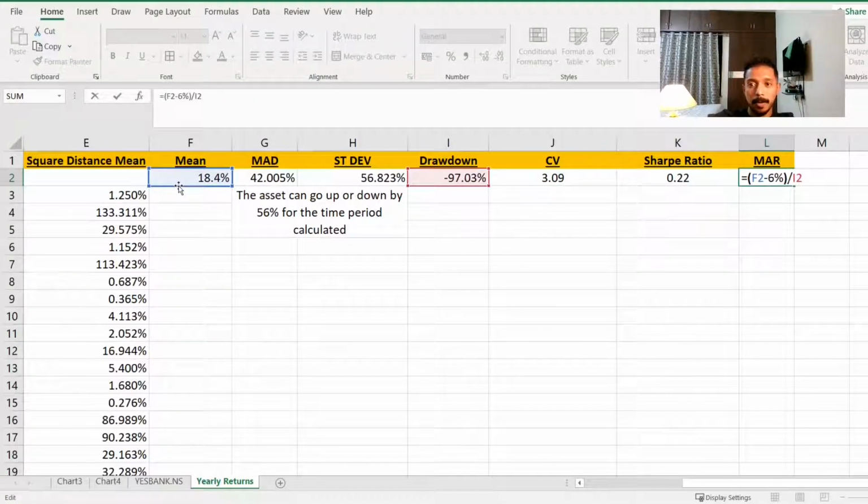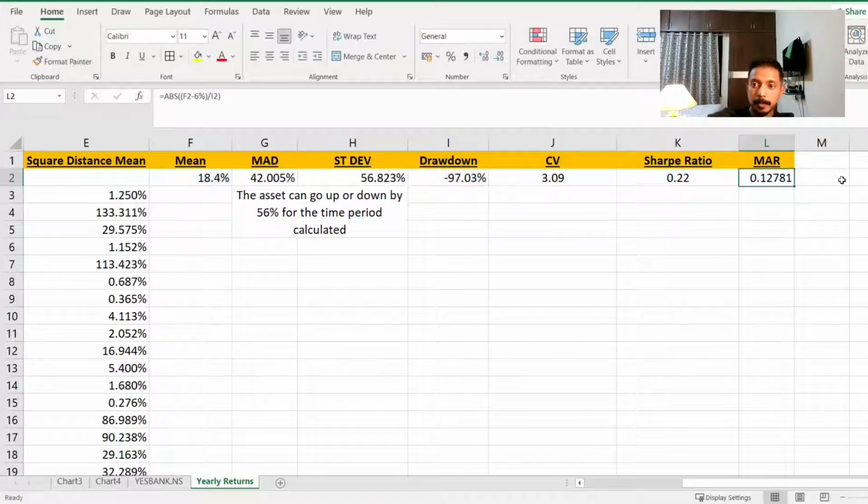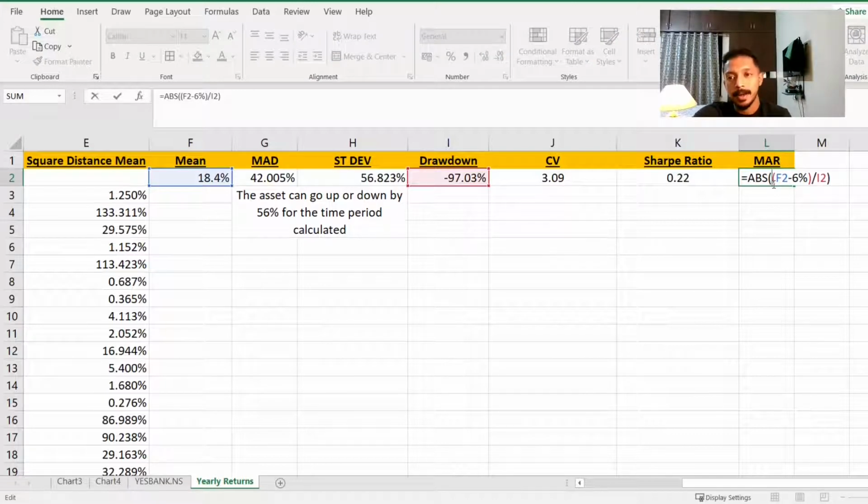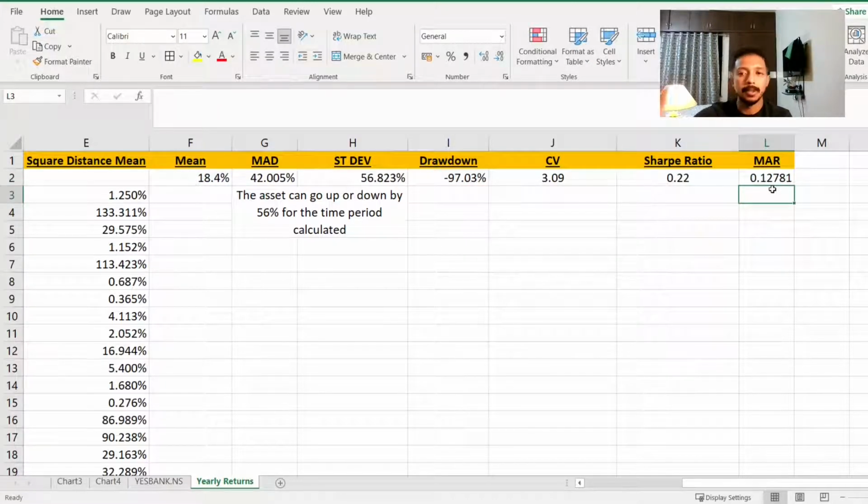So now we'll have to use the absolute function to make it positive, the ratio, right? And the MAR is about 0.12, which is like saying that for every percentage of drawdown risk that I'm taking, I'm getting compensated 0.12 times, which is pretty low, right?